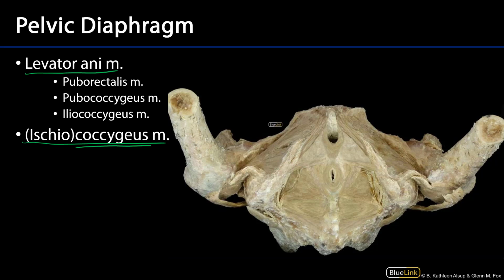Now, the levator ani muscle is going to extend from anterior and lateral aspects of the bony pelvis to posterior and lateral aspects of the bony pelvis.